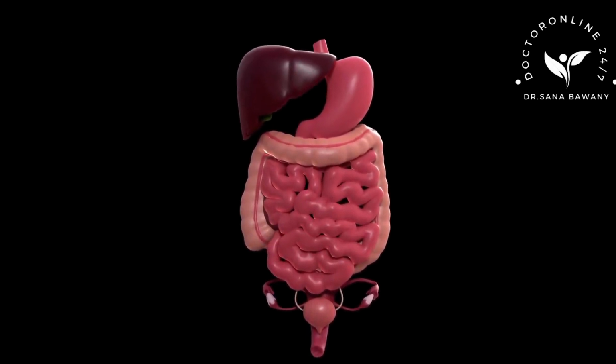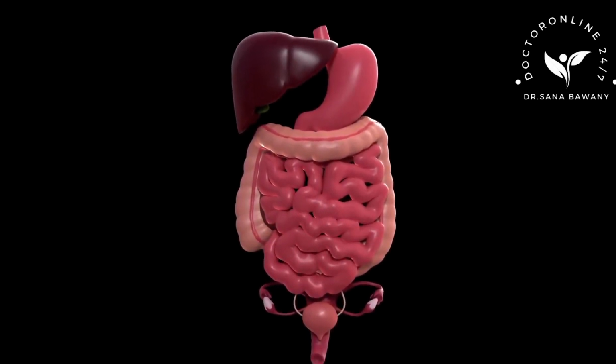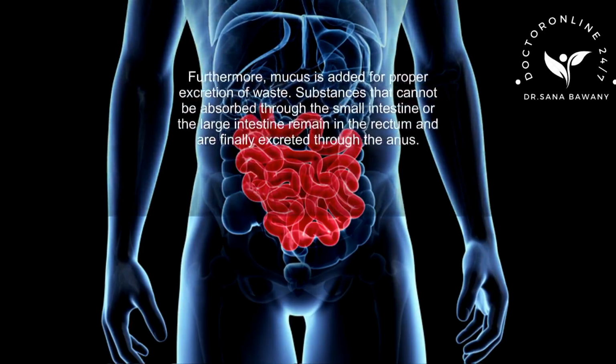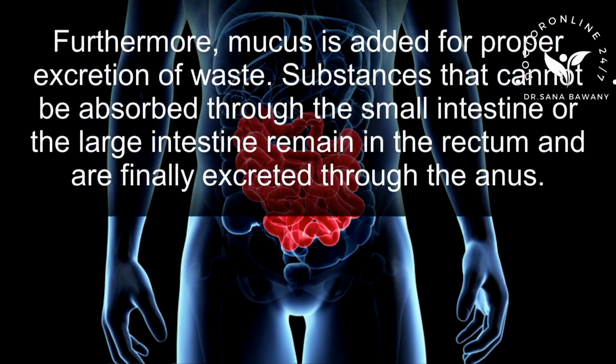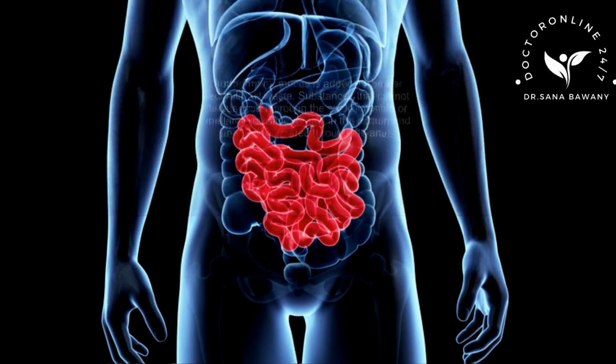On its way through the large intestine, water is removed from the chyme. Furthermore, mucus is added for proper excretion of waste. Substances that cannot be absorbed through the small intestine or the large intestine remain in the rectum and are finally excreted through the anus. This is all about the human digestive system.